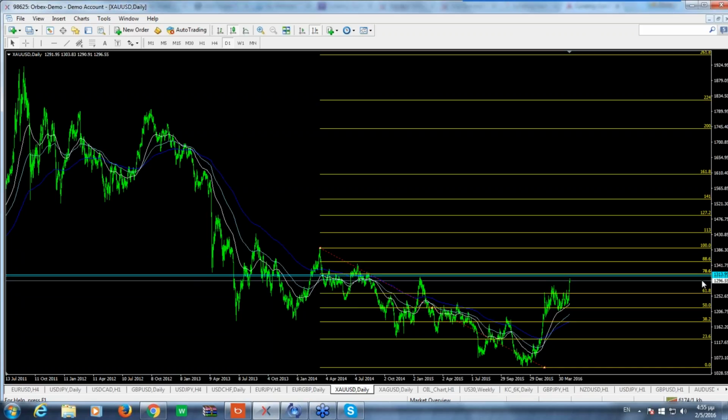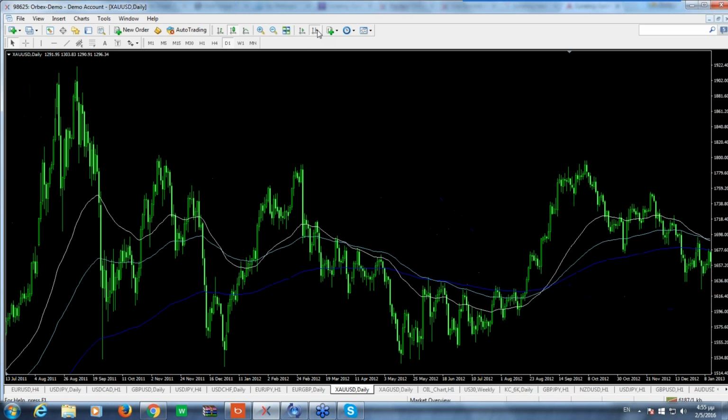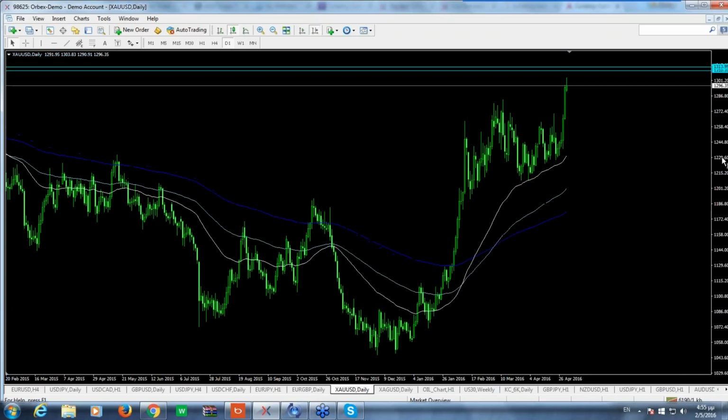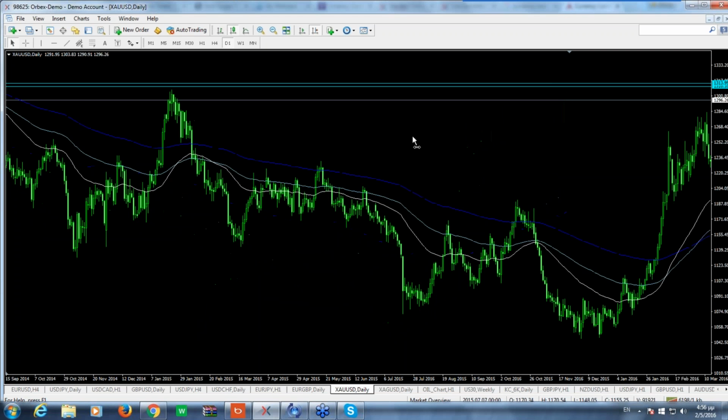So there are some coincidences or confluences occurring as well. When that confluence occurs, it shows us that the area we have just drawn may be a powerful support or resistance area.